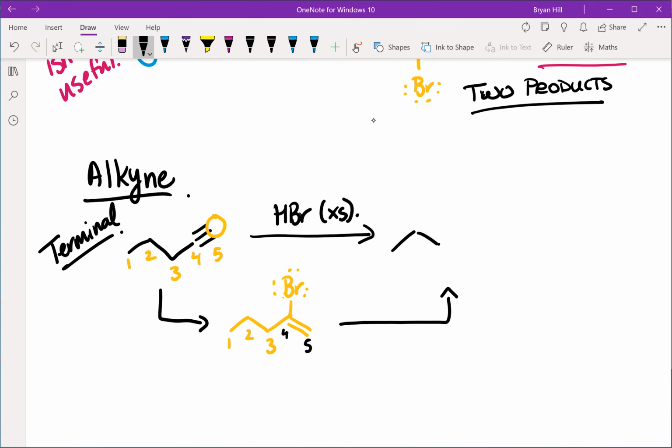So our product is going to be, look at that, a 1,1 dibromide. So they're both on the same carbon. That's why it's called 1,1.